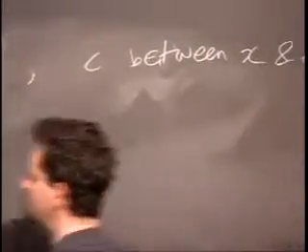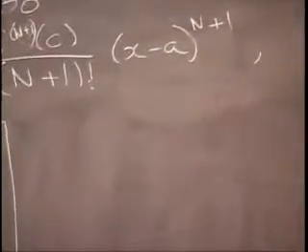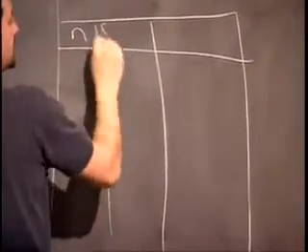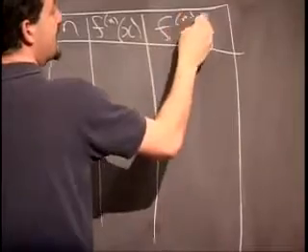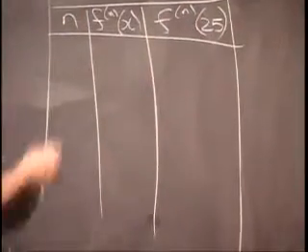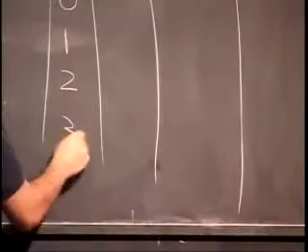Well, we're going to need a table, so I'll throw it in here. This is going to be n, the nth derivative in general, and the nth derivative at 25. That's what we care about. So I don't know how many of these rows I'm going to need. I'll go up to 3, say.